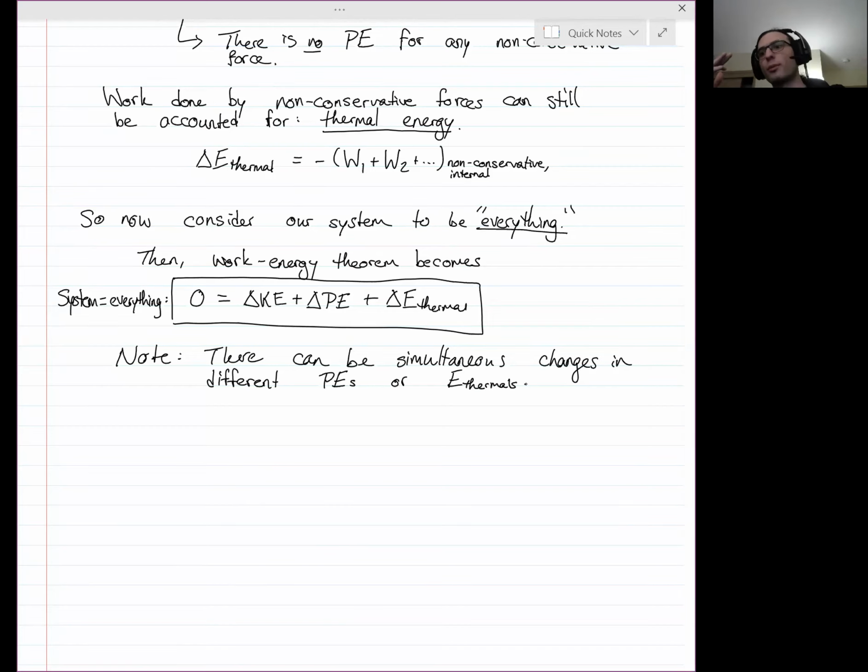It could go to thermal energy or something. Think of each of these terms, kinetic energy, potential energy, and thermal energy, as a bucket. If you added up all of the buckets together, the total level wouldn't change. But you can shift water level from one bucket to another without going through kinetic energy first. Basically, the energies can interchange with each other.